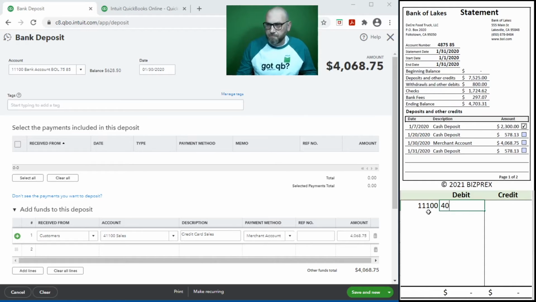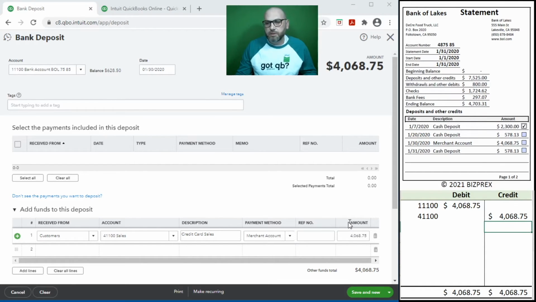So what is the offsetting entry? Well, in this case, our sales, right? Because we got that money by selling food and drinks, and therefore our sales went up, our revenue went up, and sales and revenue go up when they're credited.